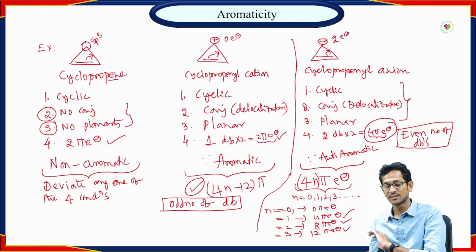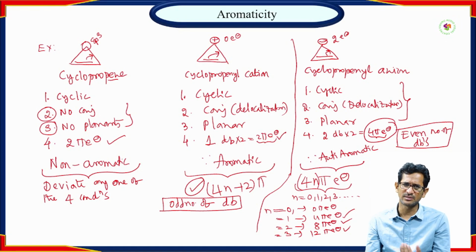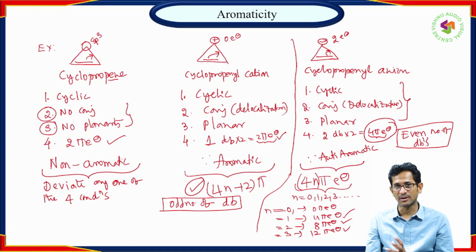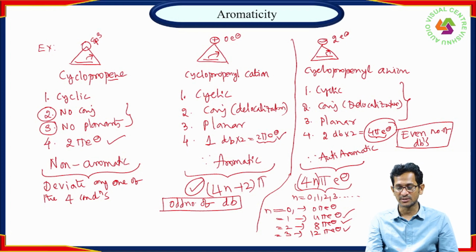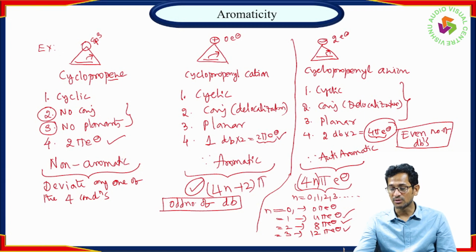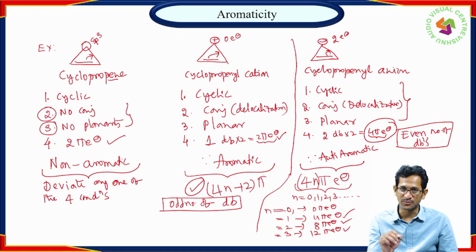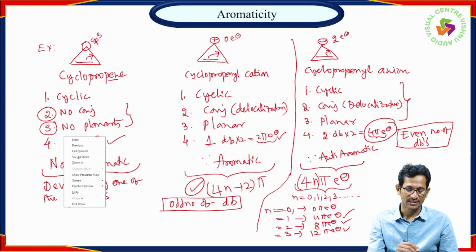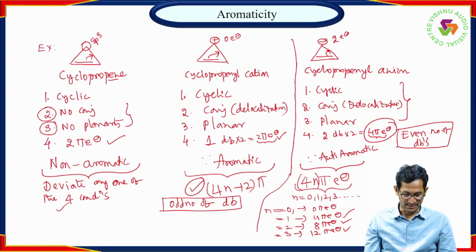Except for these two conditions, the remaining conditions are similar. The first three conditions will be satisfied by both types of compounds, right? So after satisfying the first three conditions and the fourth condition, if the molecule has an odd number of double bonds, then it is aromatic. If the molecule has an even number of double bonds, then it is said to be anti-aromatic. If any compound fails one of the four conditions, then it comes under the non-aromatic compounds, right?